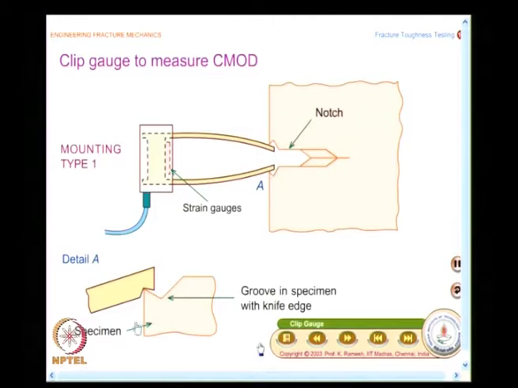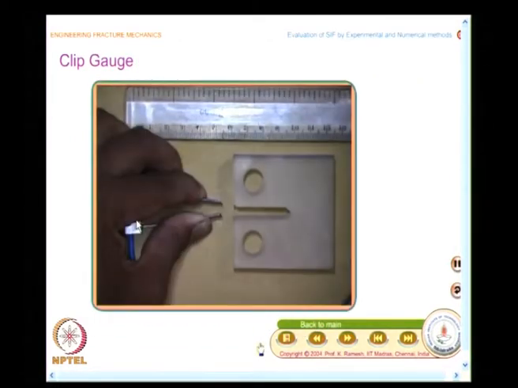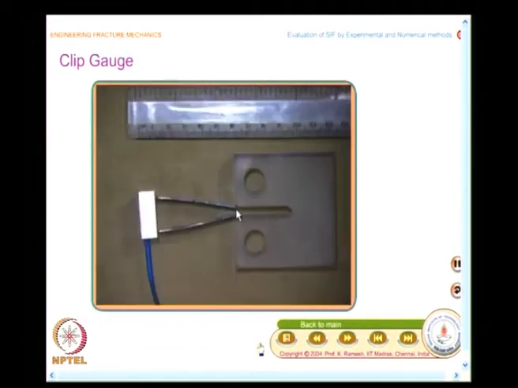Some detail is given. It could be mounted like this, or it could have a sharp bevel type of edge, and then you can have a detail like this. In reality, a clip gauge is taken and inserted into this, and this would measure the crack mouth opening displacement.